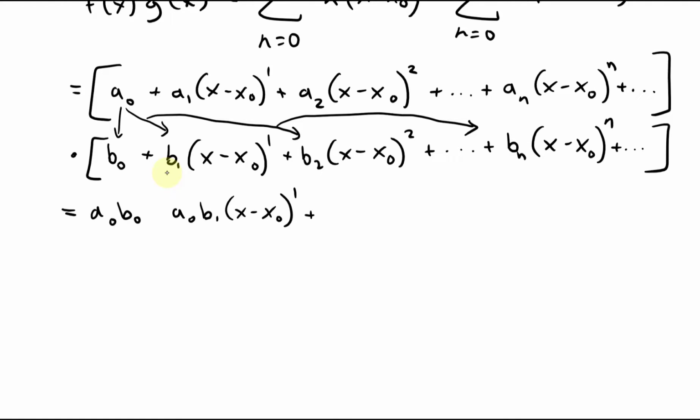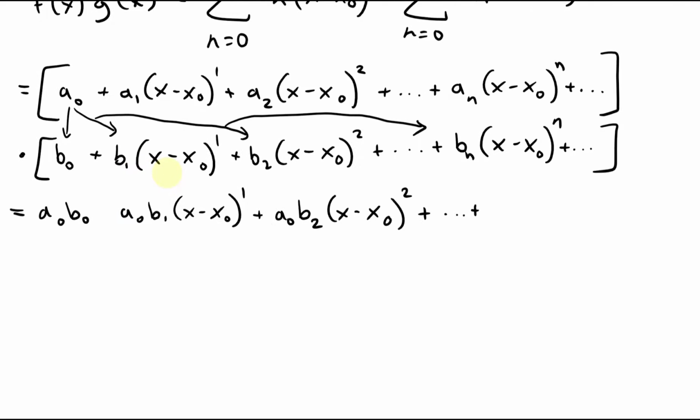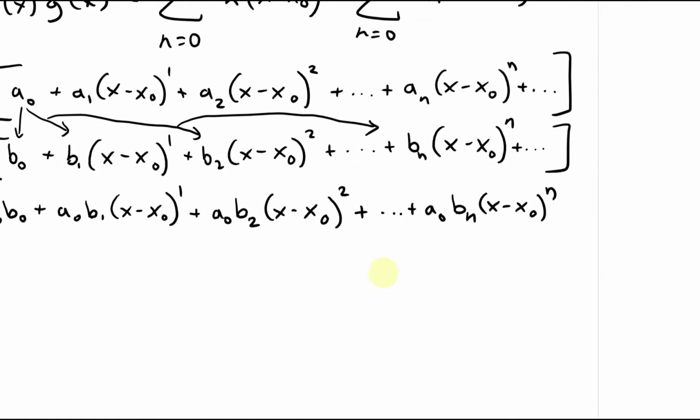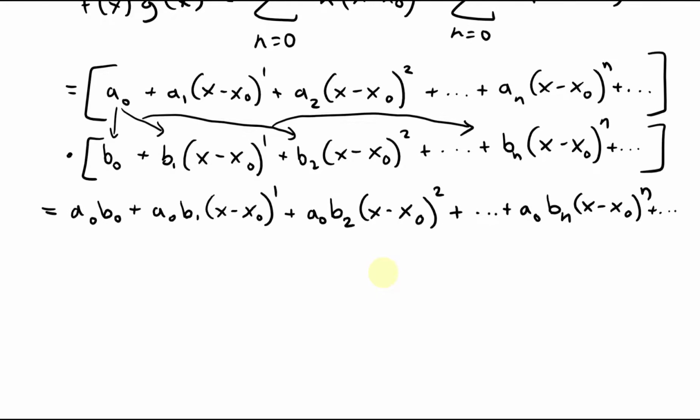The next one is a0 b2, and this is going to be (x − x0) to the power of 2, plus, and the next one is dot dot dot, plus a0 bn, and then (x − x0) to the power of n. And the next one is plus dot dot dot. So it just keeps going on and on. You can see the pattern. So that's the first one we're multiplying by.